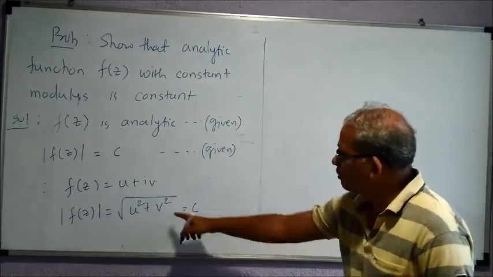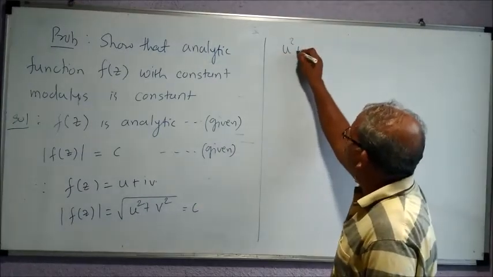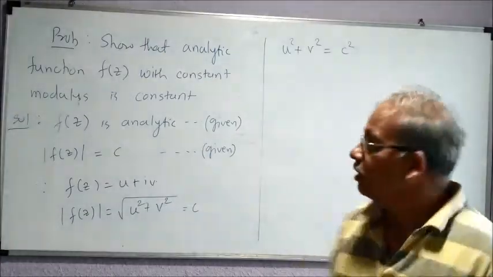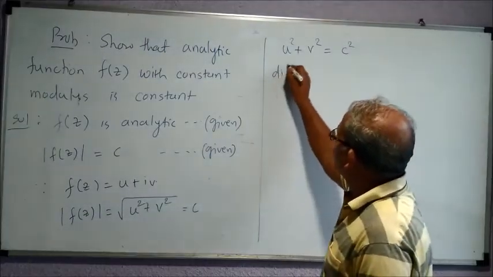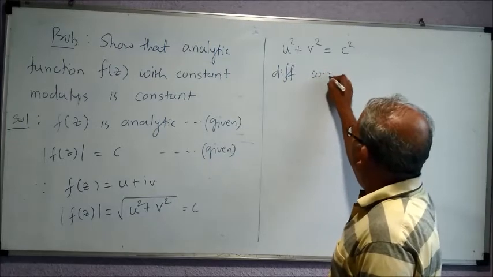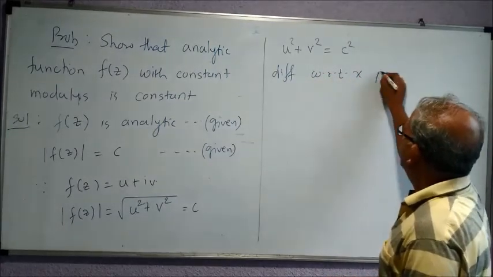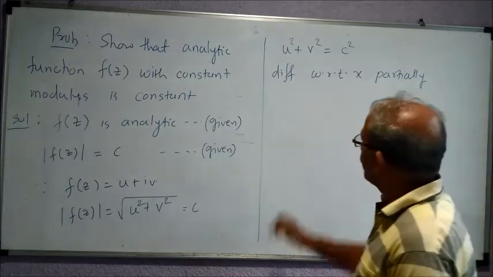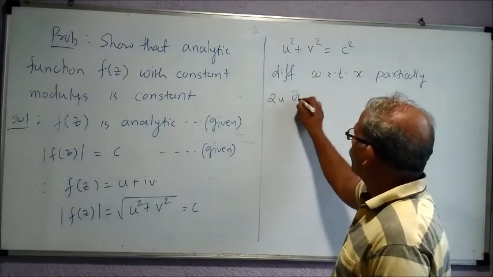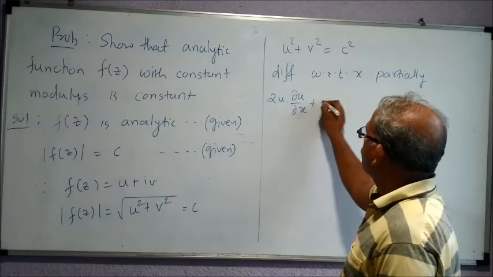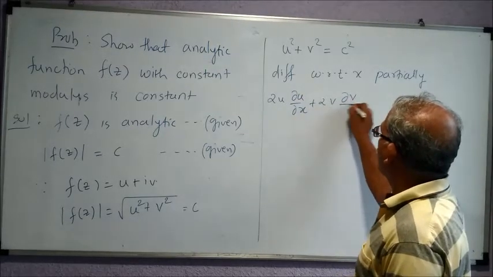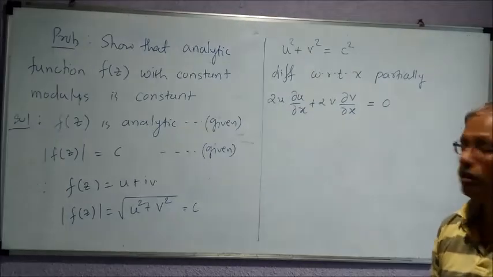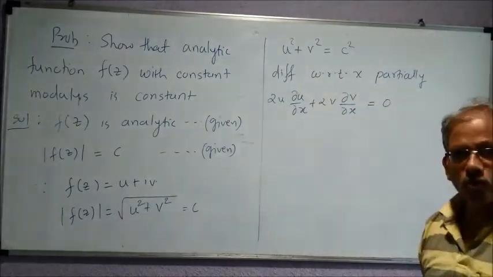Therefore, if we square both sides, we get u square plus v square equal to c square. Let us differentiate this equation with respect to x partially. We get 2u ∂u/∂x plus 2v ∂v/∂x equal to 0, since the derivative of c square is 0.